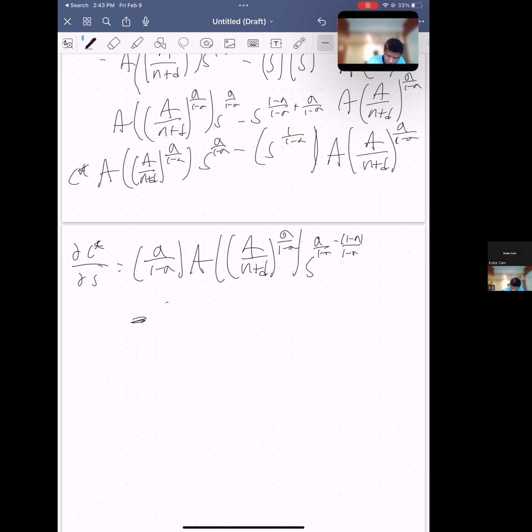So now we have 1 over 1 minus a, times S to the 1 over 1 minus a minus 1, times a over (n plus d), to the a over 1 minus a. And this is all equal to 0.